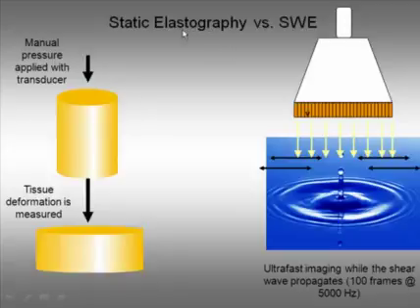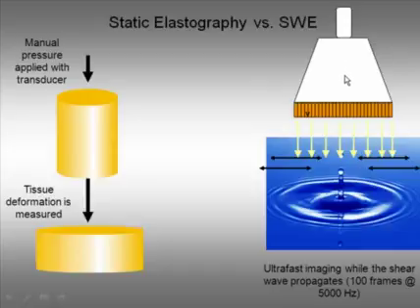So just to go through the different mechanism of static elastography versus shear wave elastography, with static elastography, the sonographer applies pressure with the transducer, and while applying pressure, watches to see how much the lesion deforms or changes appearance. Shear wave elastography looks at a completely different property.